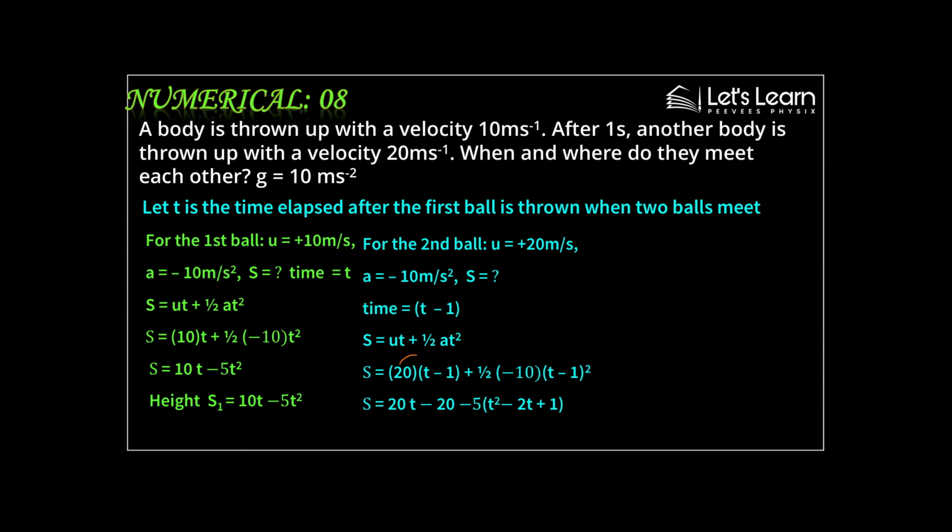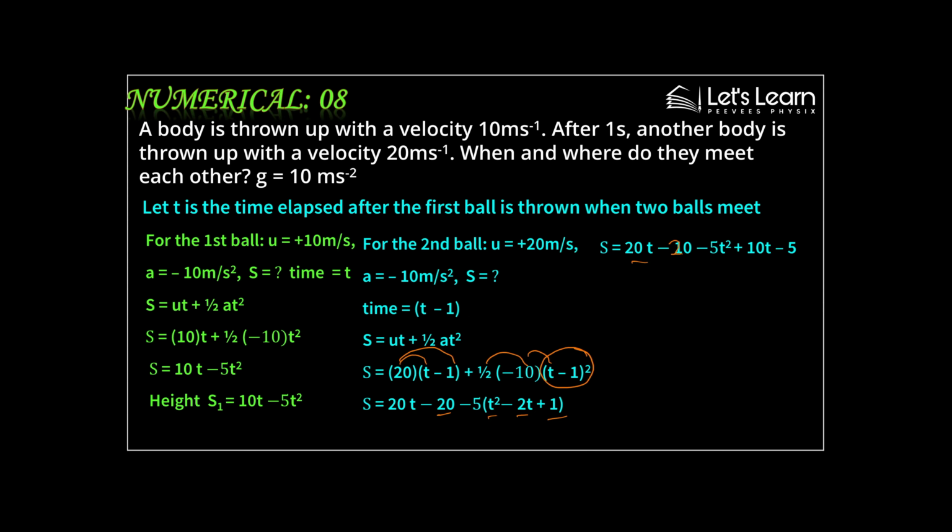Physics over math. 20 times t, 20t. 20 times 1, minus 20. Half times minus 10 gives you minus 5. So minus 5 times t minus 1, the whole square becomes t square minus 2t plus 1. Taking minus 5 inside, that gives you 20t minus 20.